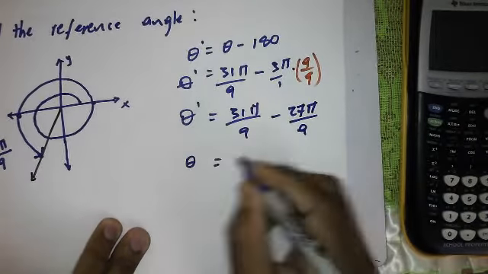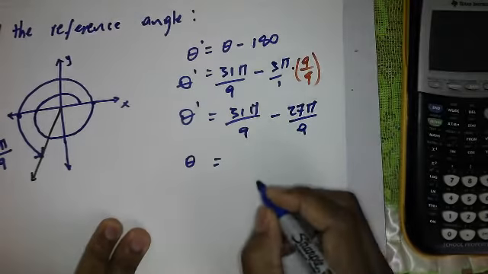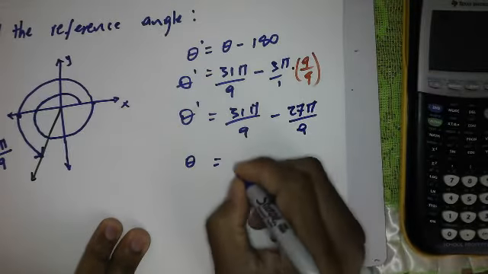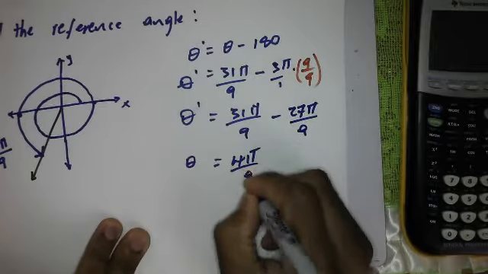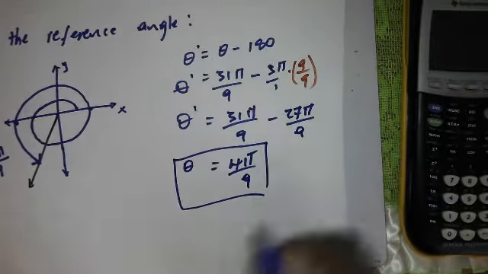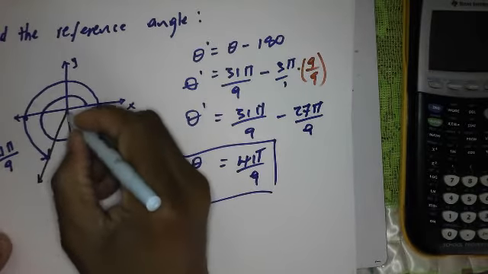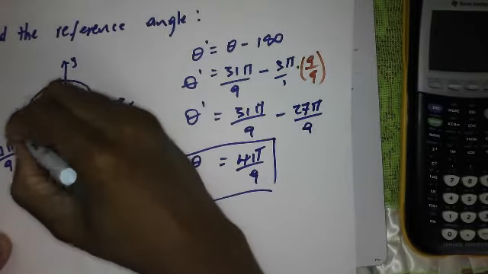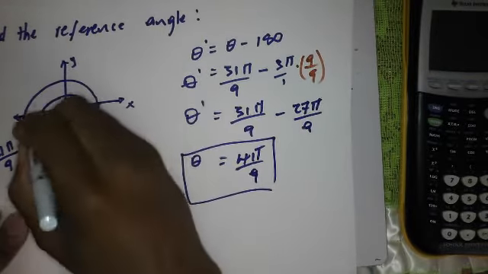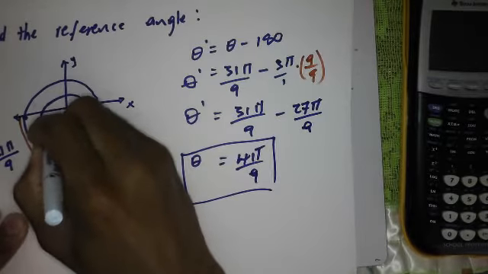So my reference angle here is 31 pi minus 27 pi, that is 4 pi by 9. And this would be my reference angle. So this part here is formed between the terminal side and the x-axis. So this is my reference angle, which would be 4 pi by 9.